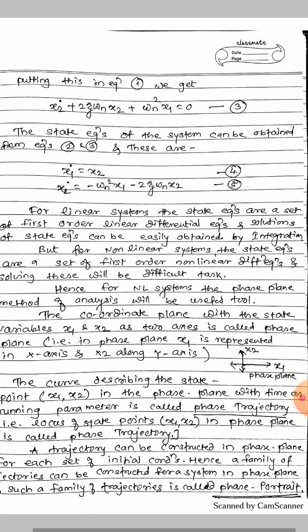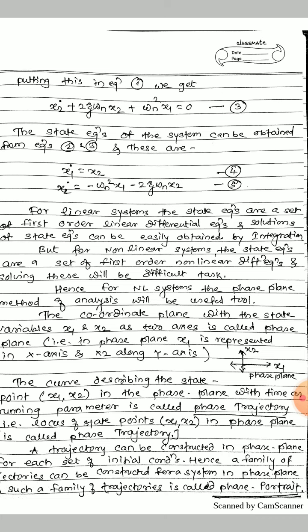But for the nonlinear systems, the state equations are a set of first order nonlinear differential equations, and solving these will be difficult task. Hence, for nonlinear systems, the phase plane method of analysis will be useful tool.